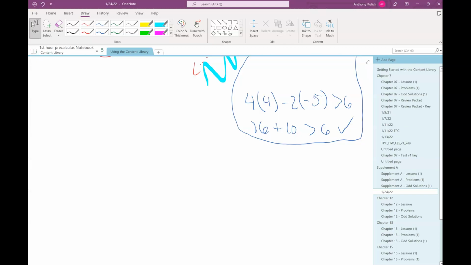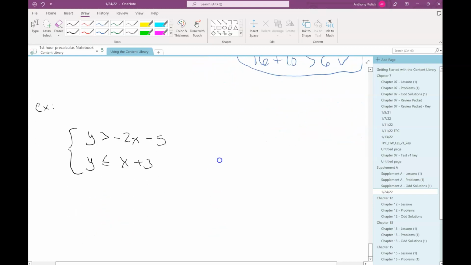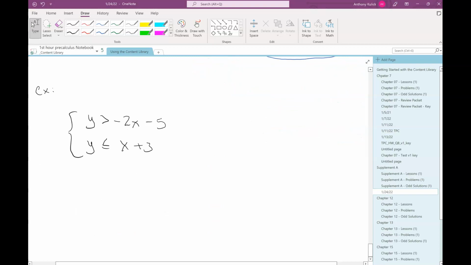So what does that mean if we're graphing a system of these inequalities then? What we're looking for then are the points that satisfy both inequalities.